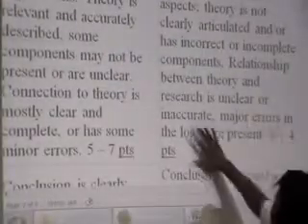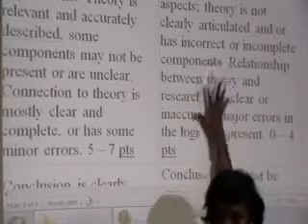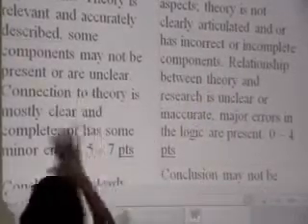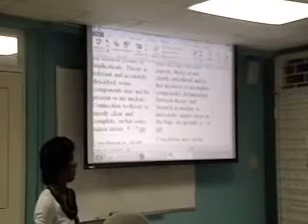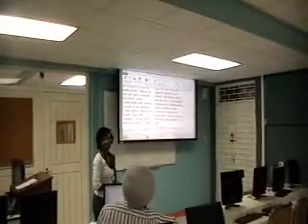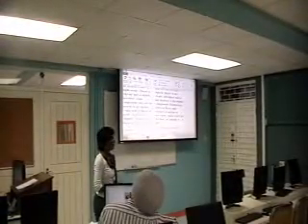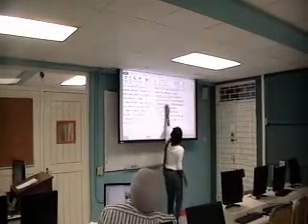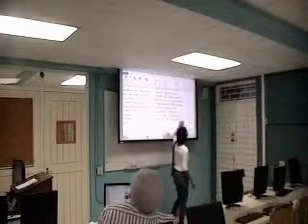From 0 to 4, if they have all of this, they get 5 to 7 marks if they have all of this. Is something wrong with that? Look at this here. If you have this, I can decide to give it a 0 or 4.